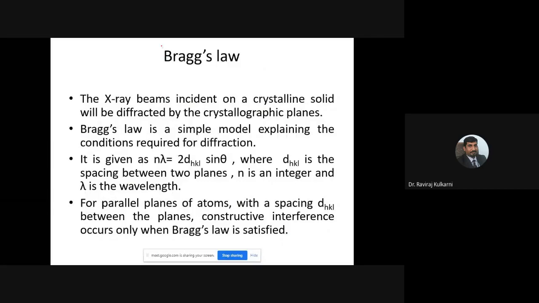There is Bragg's law for X-ray diffraction. You have studied this Bragg's law: 2d sin theta is equal to n lambda. What does it say? 2d sin theta is equal to n lambda.